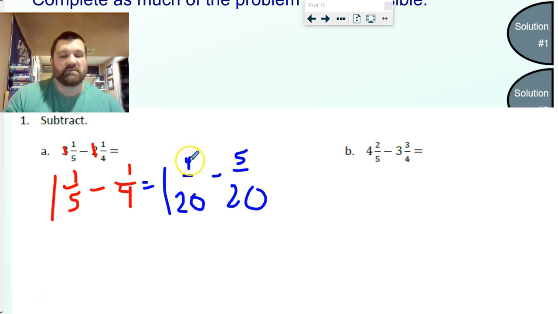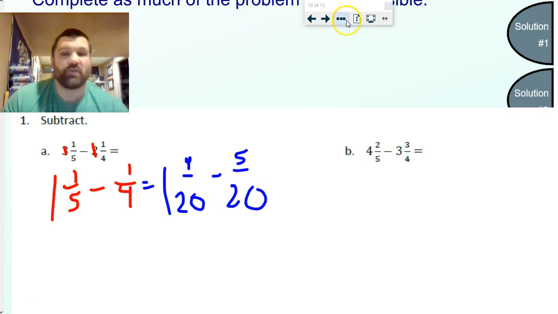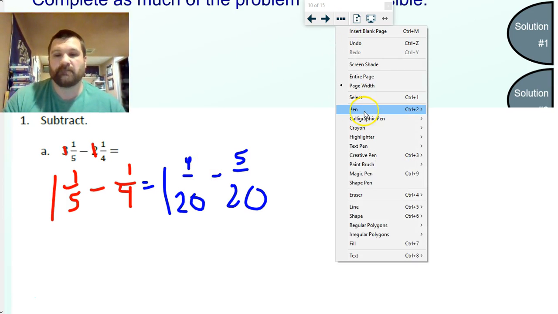So see, now we have 4. So when we have 4 minus 5, we can't do that. So we'd have to borrow from here. So we'd still have to take this all the way from here. But we can think about it. What is 4 minus 5? Well, 4 minus 5, you're going to get -1. So, what if we try to do as much as we can?